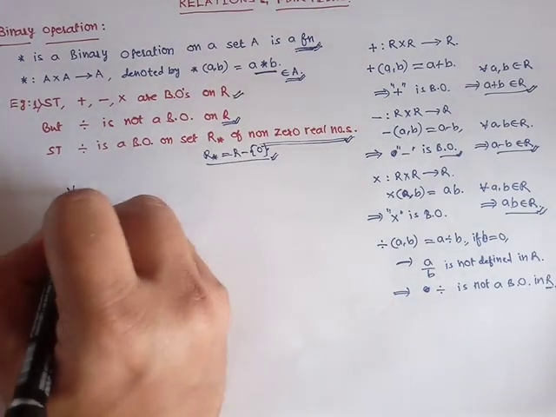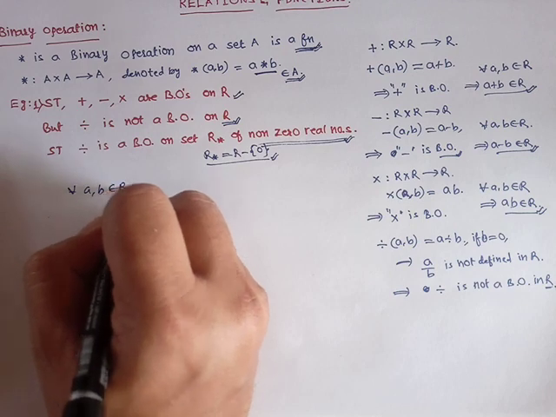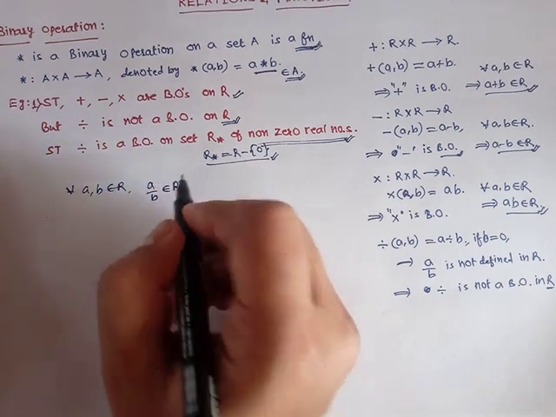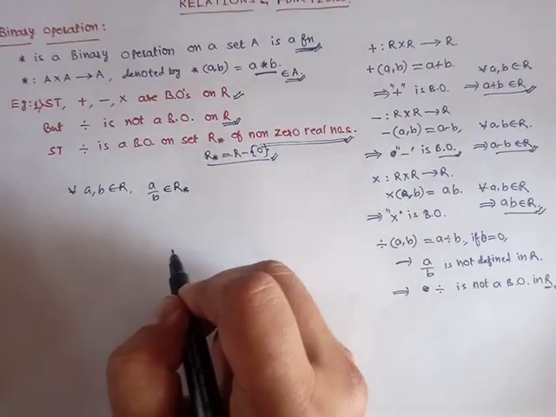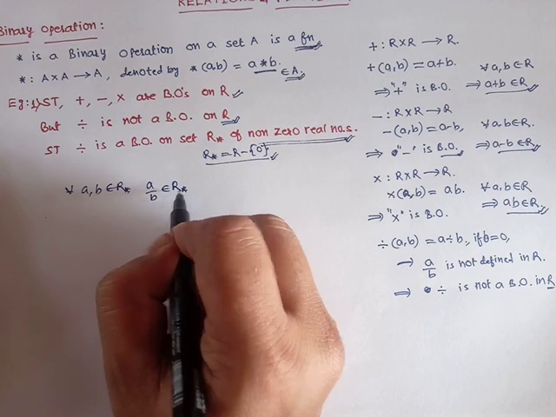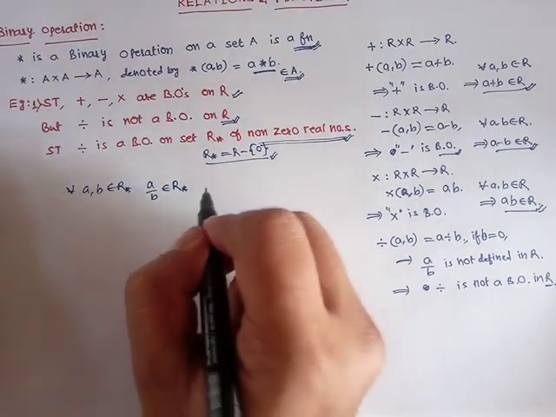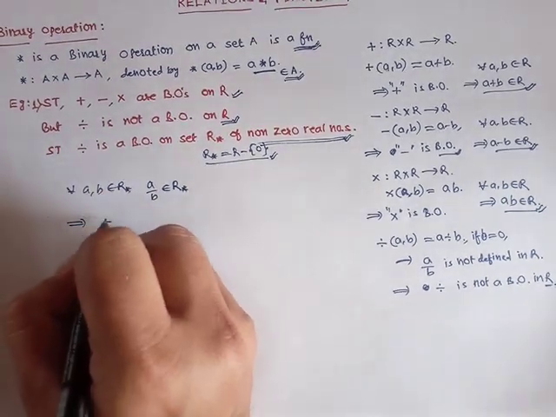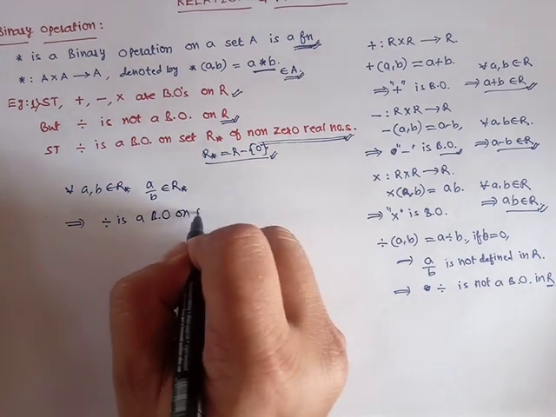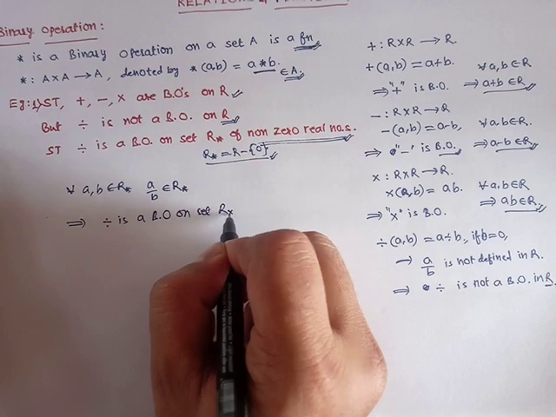For all A comma B belongs to R star, A by B also belongs to R star. This implies division is a binary operation on set R star.